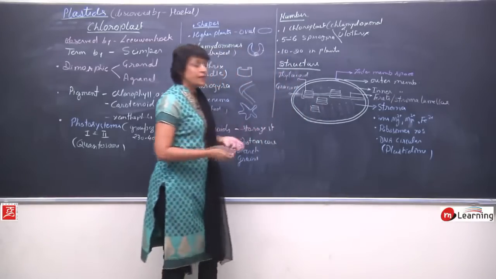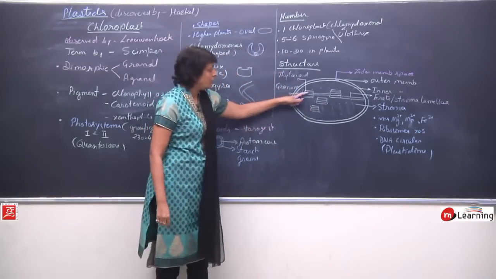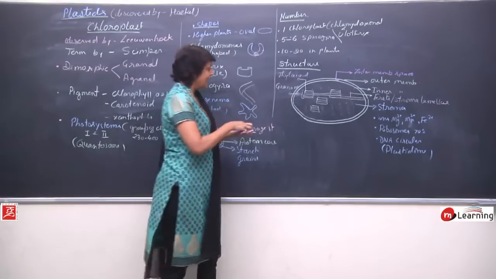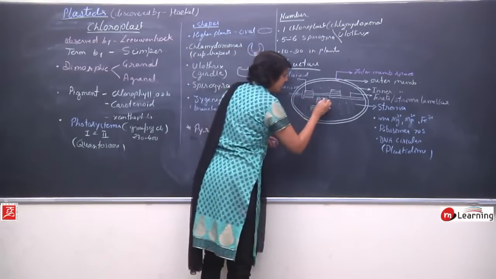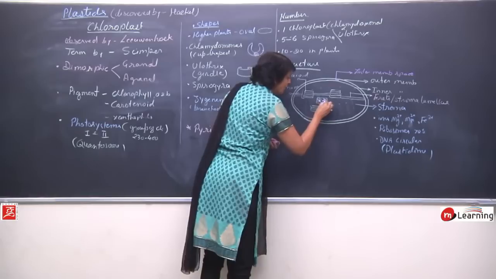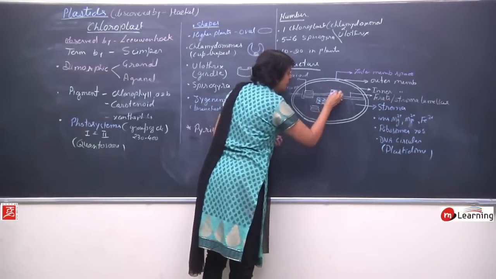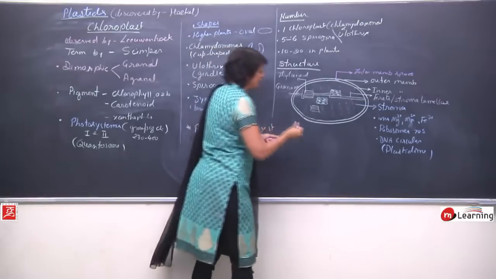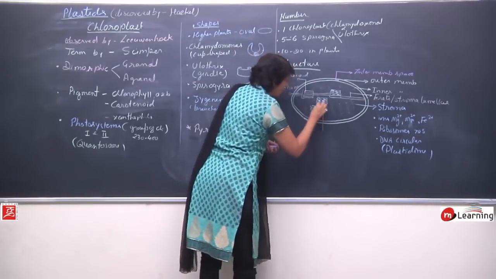The membrane of these thylakoids, thylakoid is this one single structure in the stack. In this are present the pigment molecules. The membrane of these thylakoids has the pigment. The green pigment which is present here is called chlorophyll.